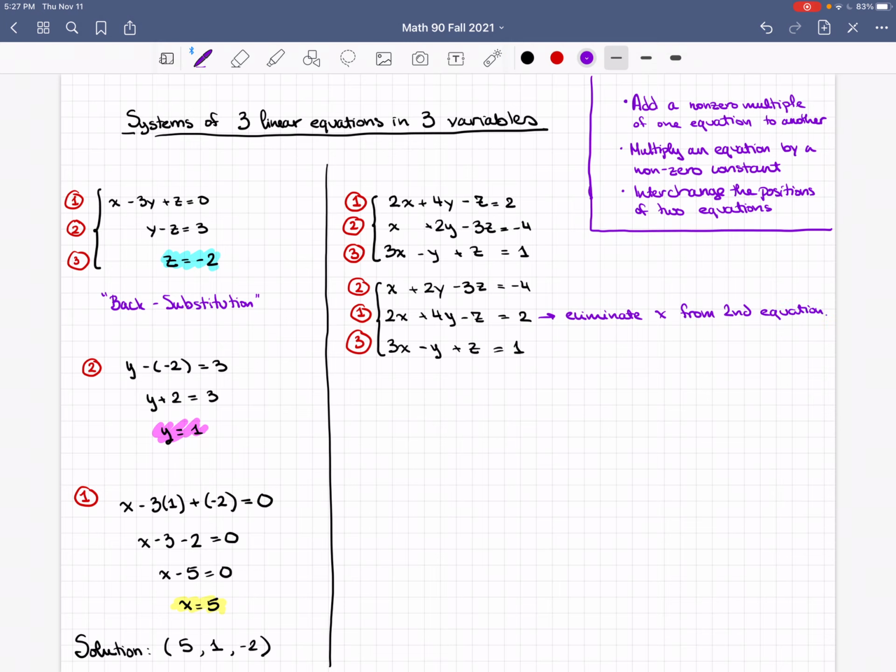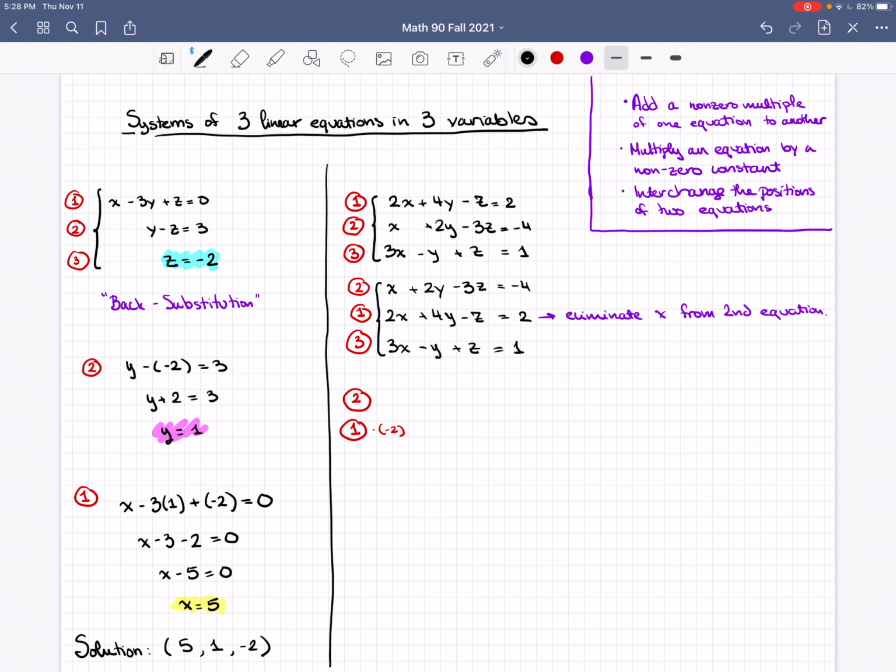Now look, I have 2x as my x term in this equation and x as my x term in the one that's up top. So what I'm going to do is take the second equation and leave it and add it to the first equation times -2. So actually I'm going to write it this way. I'm going to take the second equation and add it to the first equation times -2.